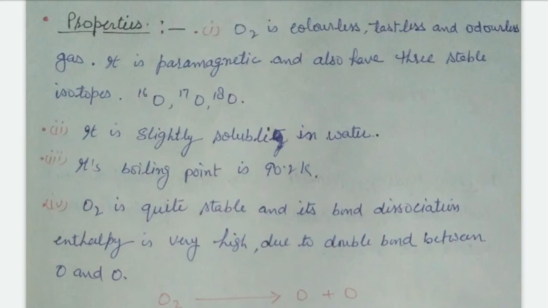When the temperature increases, the solubility of oxygen decreases and it is not suitable for aquatic animals. Its boiling point is approximately 90 K. O2 is quite stable and has high bond dissociation enthalpy. This is because of the double bond between the oxygen atoms.